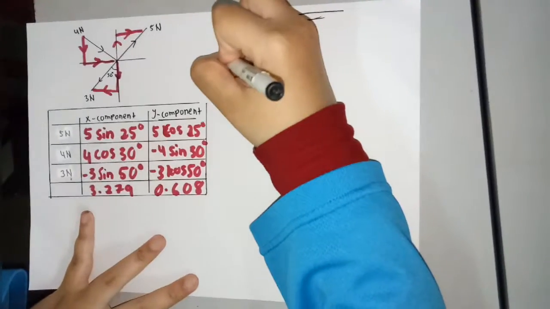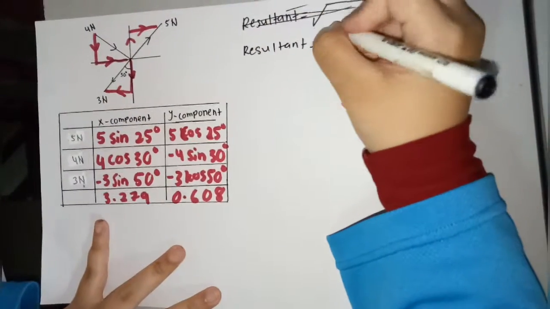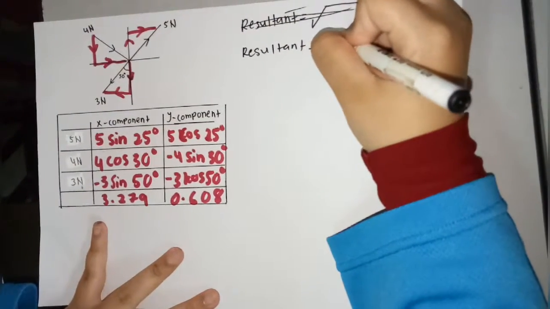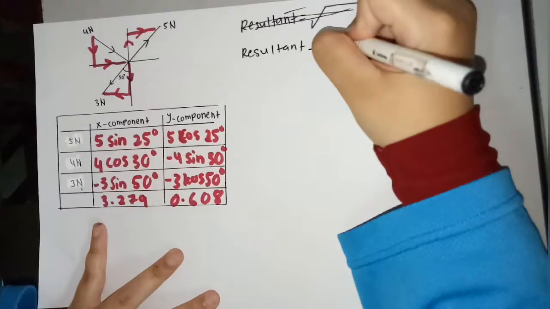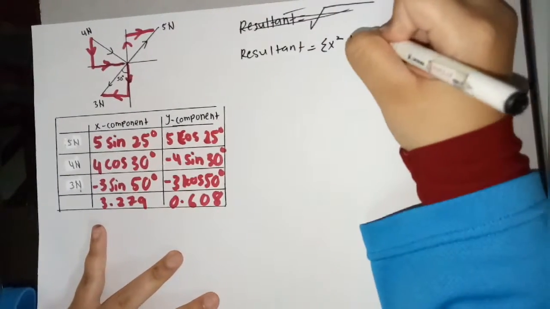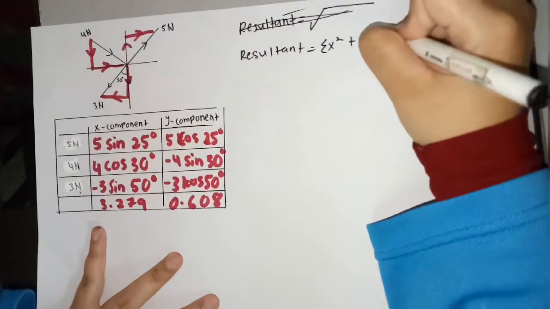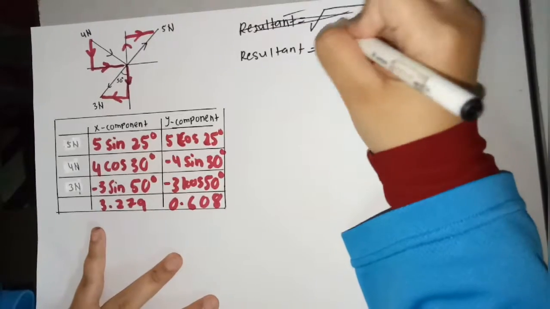Next, we need to find the resultant. So the formula of resultant is the total of x component square plus the total of y component square, and then square root.